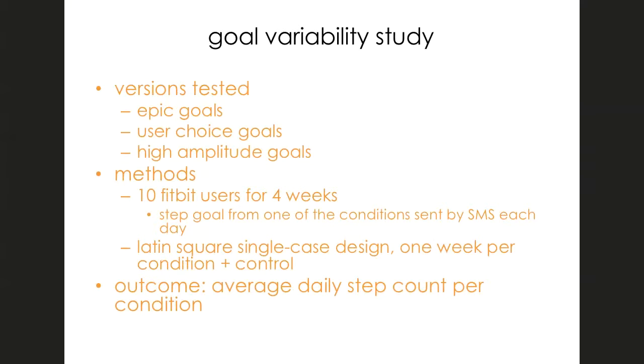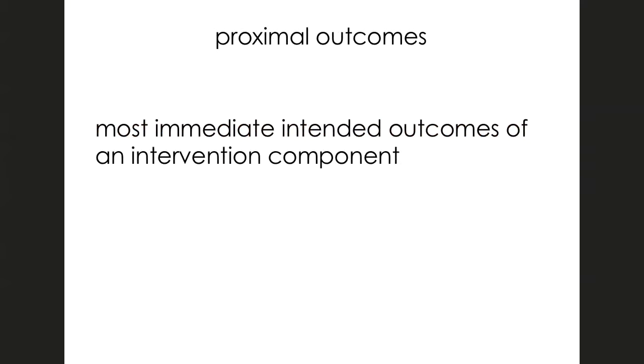Very small n, but enough, paired with interviews and people's experience of using these kinds of systems, to get some sense of which of these might actually be something that you want to invest more energy and more resources in. Again, right? It's helping selection. It's helping her decide what to use in the next step, not necessarily a robust evidence base on how well a particular type of goal variability is working.